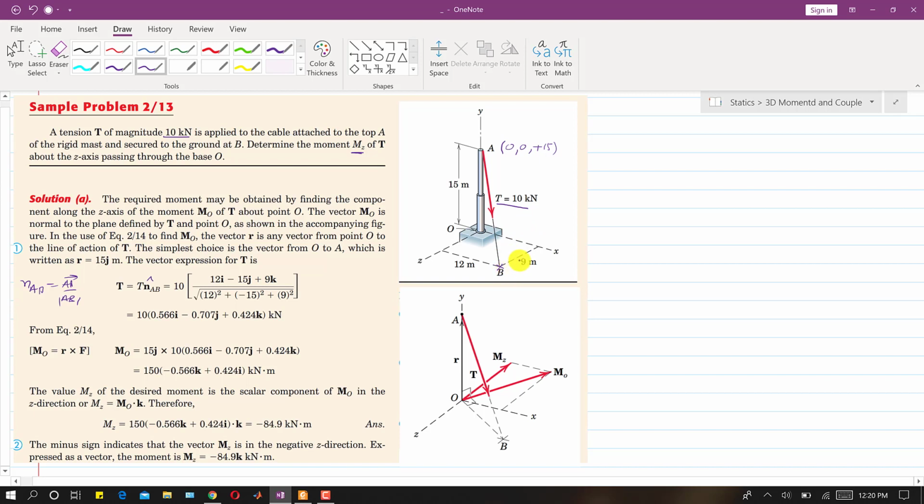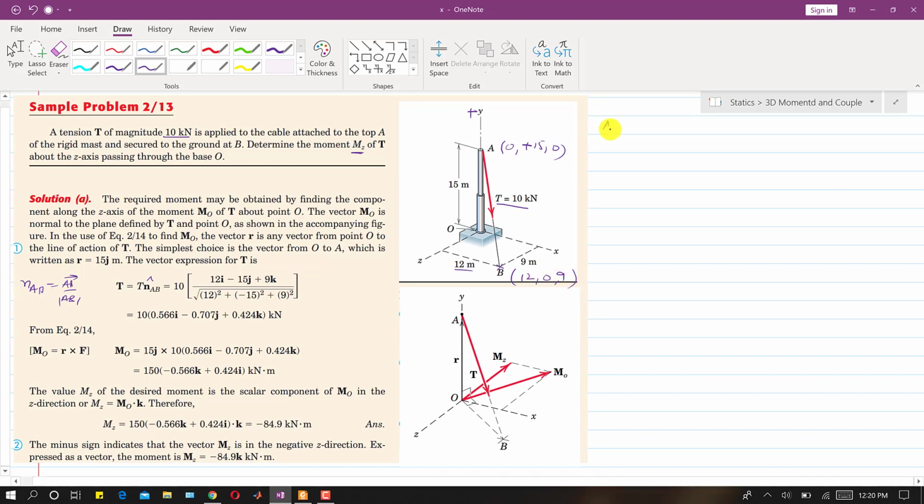Since point B is in the XZ plane, we need to travel only along X and Z. First we travel 12 meters along X, and then 9 meters along Z. The Y coordinate of B is 0. So I will write 12, 0 and 9. These are the coordinates of point B.